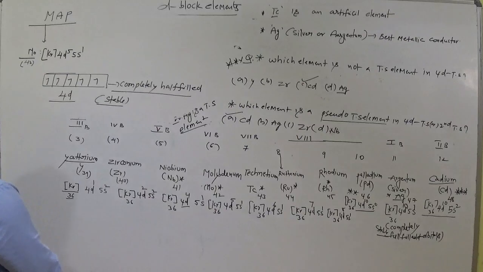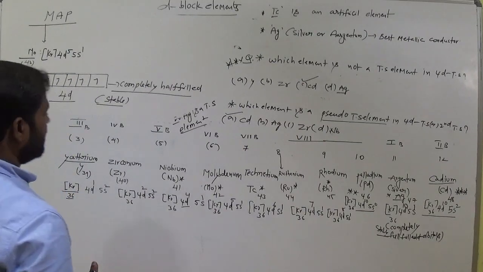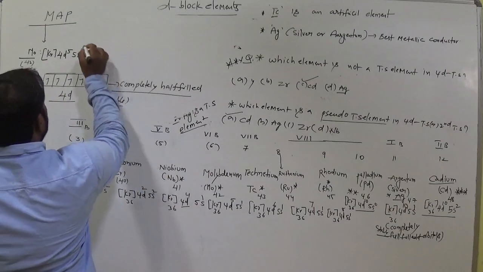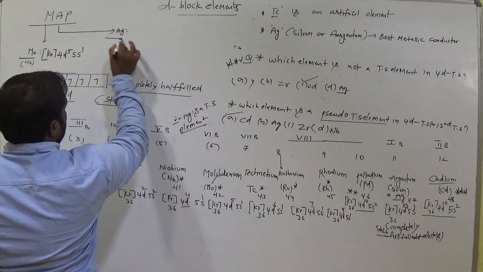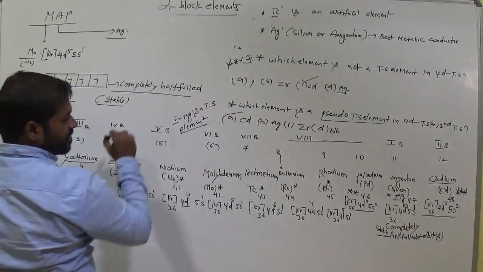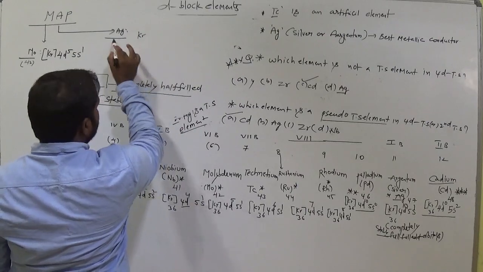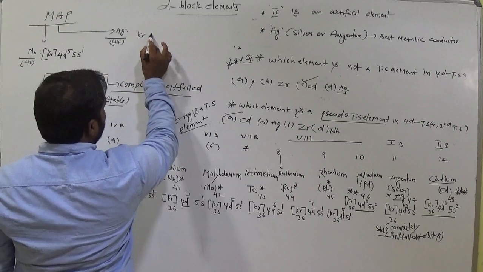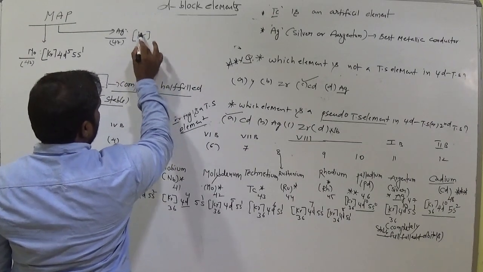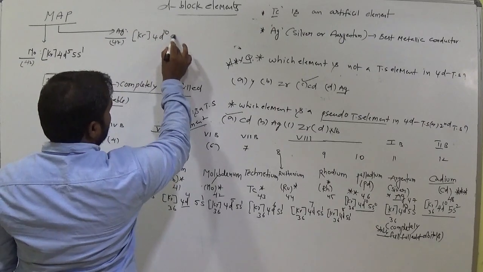Next come to A. A means silver. What about silver here? Silver is 47. Krypton 36, the noble gas or inert gas, then 4d10 and 5s1.